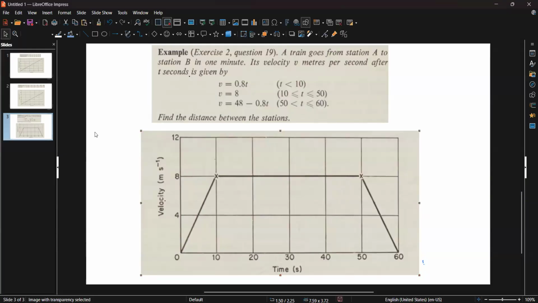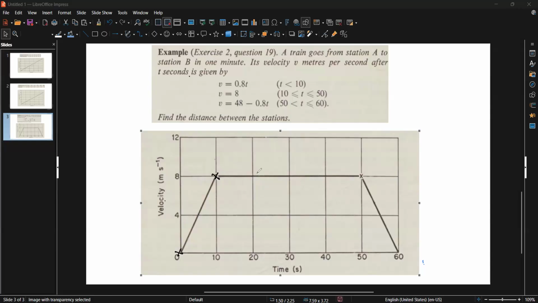So you know that it starts here, at 0, 0. Then at 10 seconds, if you put 0.8 times 10, it'll give you 8. And that's how they got this point here. You connect these 2 points, and that's the velocity-time graph for the first 10 seconds.